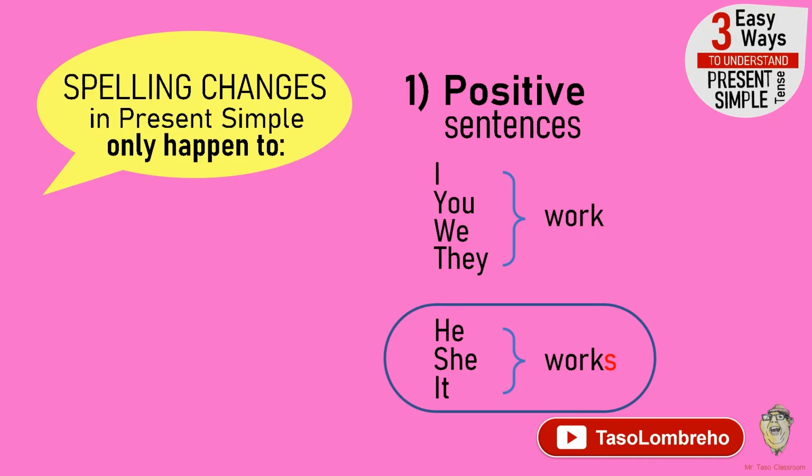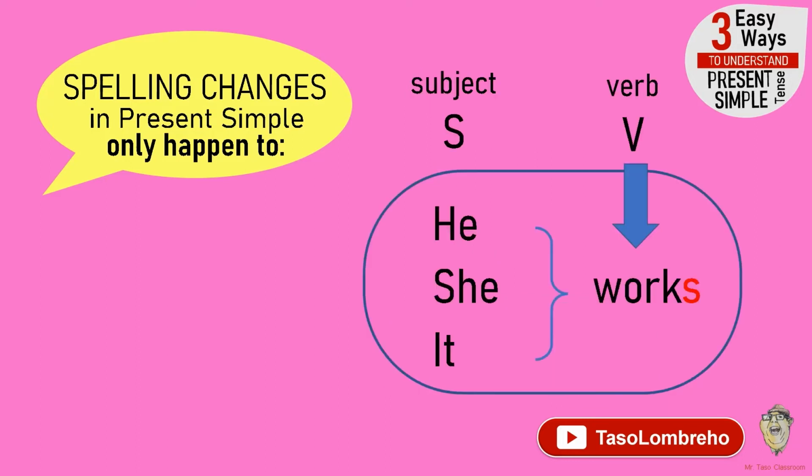Second, if the subject of the sentence is he, she, it, or the same reference to it, like the person names or nominal pronoun. So, in case of he, she, it, remember the verbs that follow subject he, she, it should be added s or es.